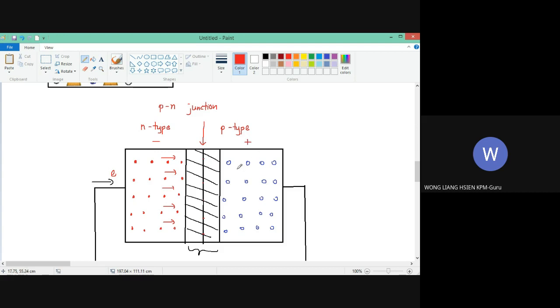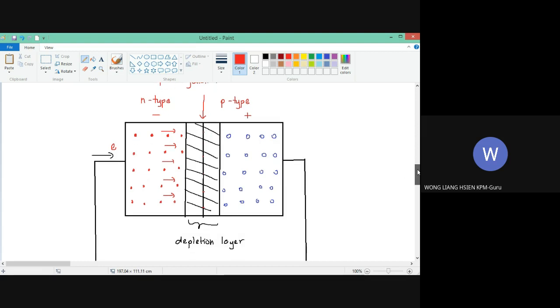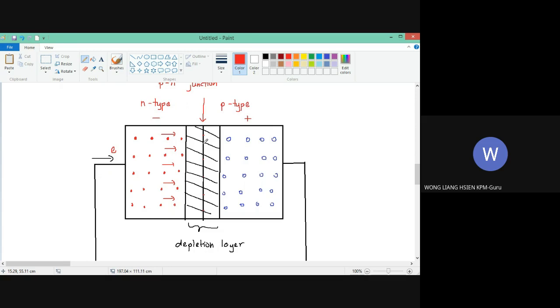So across the depletion layer there is electric potential energy. Understand that? It's like there is a potential difference across the depletion layer. Okay, get the idea.